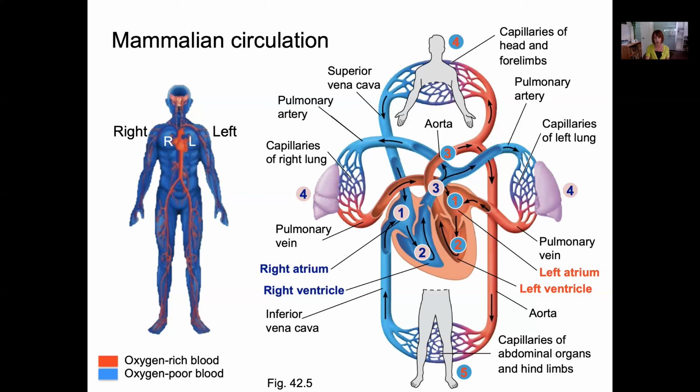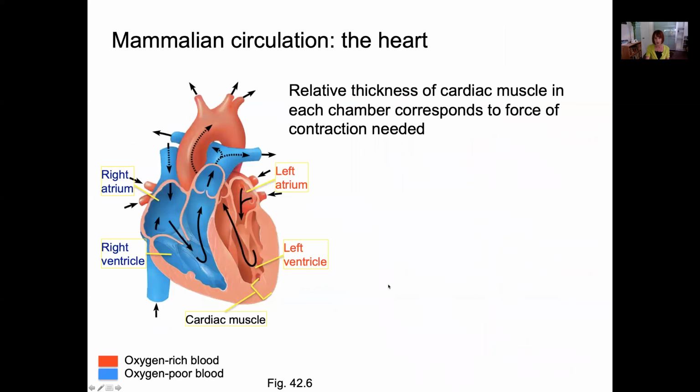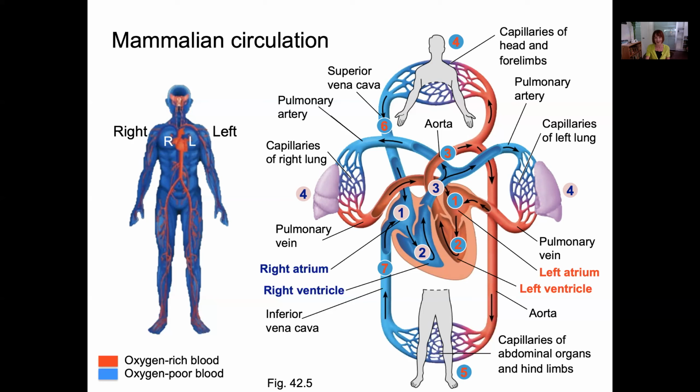And then from there, you're going back via veins to the heart, right? So deoxygenated blood coming from the top of the body and from the bottom of the body. And whoa, that's it. Okay.